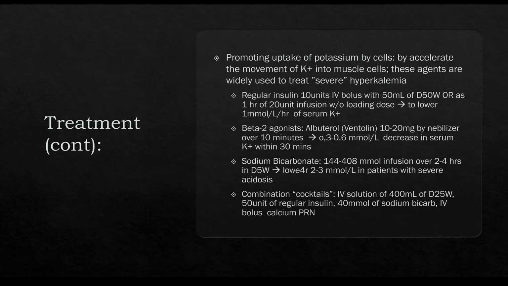This would lower potassium by 2 to 3 millimole per liter in patients with severe acidosis. A combination cocktail is usually given with an IV solution of 400 ml of D25, 50 units of insulin, 40 millimole of sodium bicarb, and bolus calcium as needed.